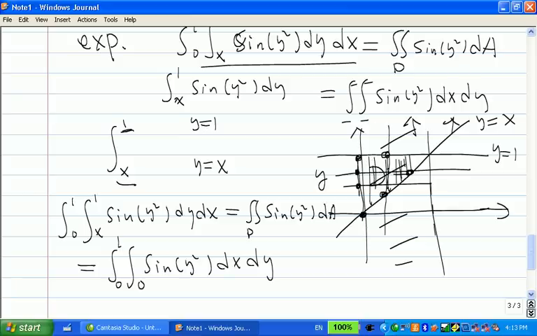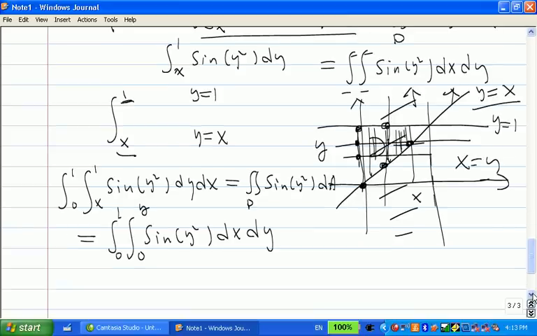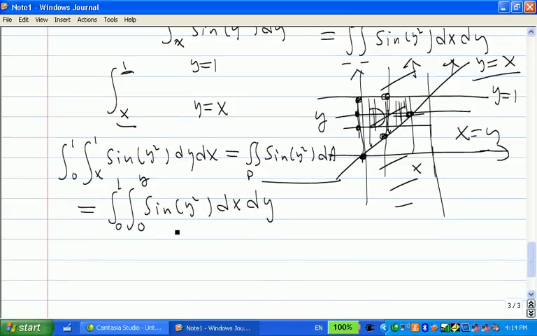For a given y, solve for x, so x equal to y. So you put y here. Those two iterated integrals are both related to this double integral, so they're equal. However, the second one is easier to integrate. The first one is impossible.